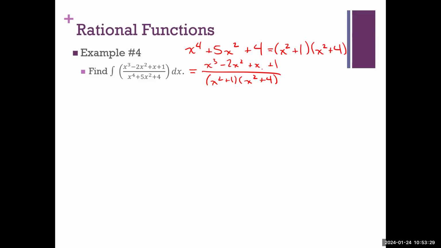Can I factor it any further? To what? X squared plus 1 times x plus 2? So you're factoring x squared plus 4 into x plus 2? Or is there another factor? I don't think either one of these factors. I know what you're thinking of.